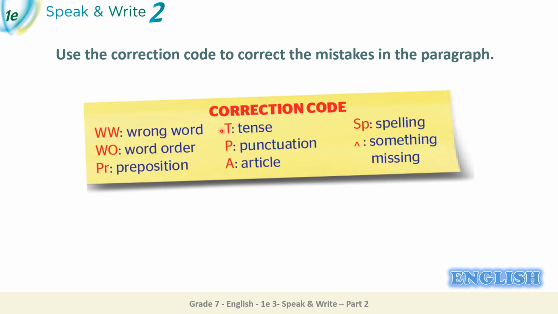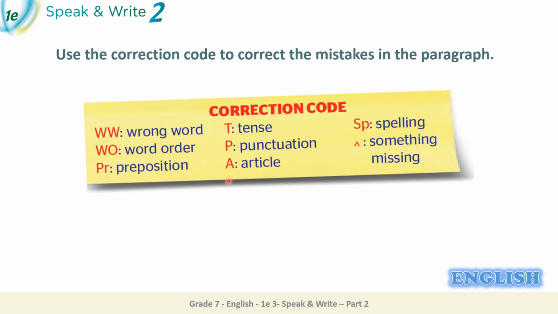How about T? It stands for tense. It means you have to change the form of the verb into the correct tense. Now, number 5. P. It stands for punctuation. It means you have to choose a different punctuation mark, like a comma or a full stop.